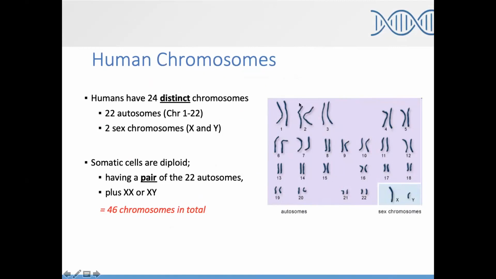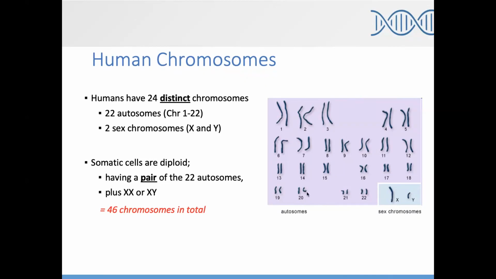So within this karyotype, if you count up all of these individual chromosomes, you'd count a total of 46. And you can see that these chromosomes exist as pairs within the genome. Okay, so in other words, the 46 chromosomes actually are represented in the form of 23 pairs of unique chromosomes within the human genome.